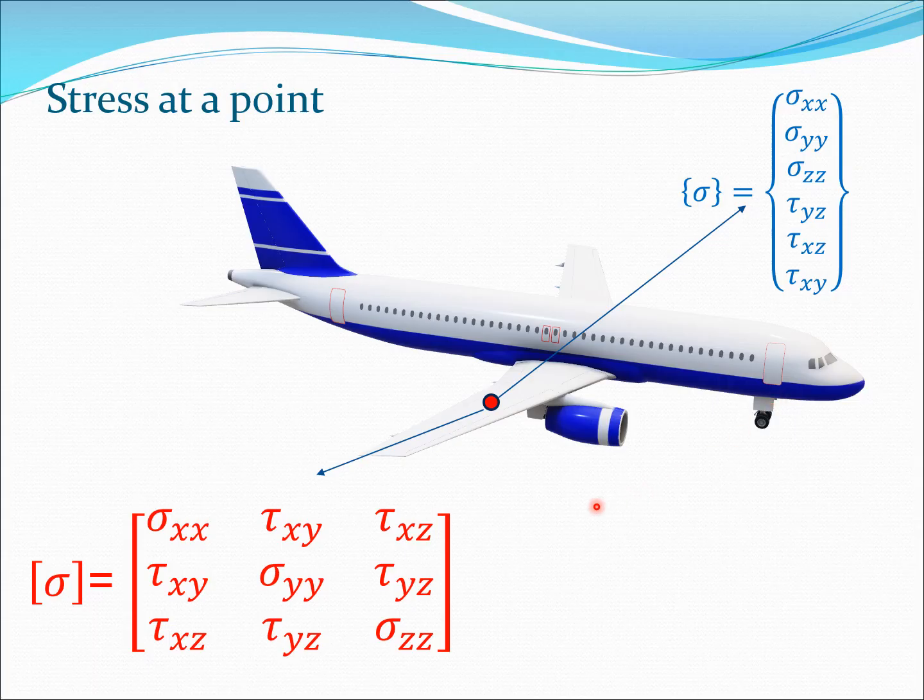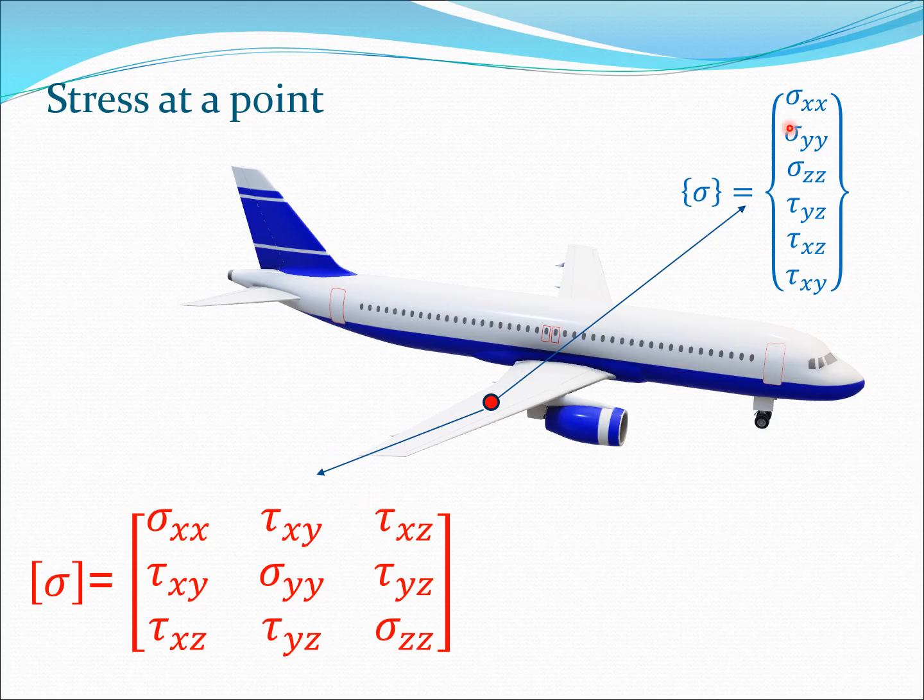So let us start at the point where we know that there is an airplane which is flying. If we take any point on the airplane, associated with that point there is a stress matrix, also known as a stress state, and this is a point property of the system. So this stress matrix is symmetric and therefore it has 6 unique components, and we can also express this as a vector because we know that there are 6 components here.